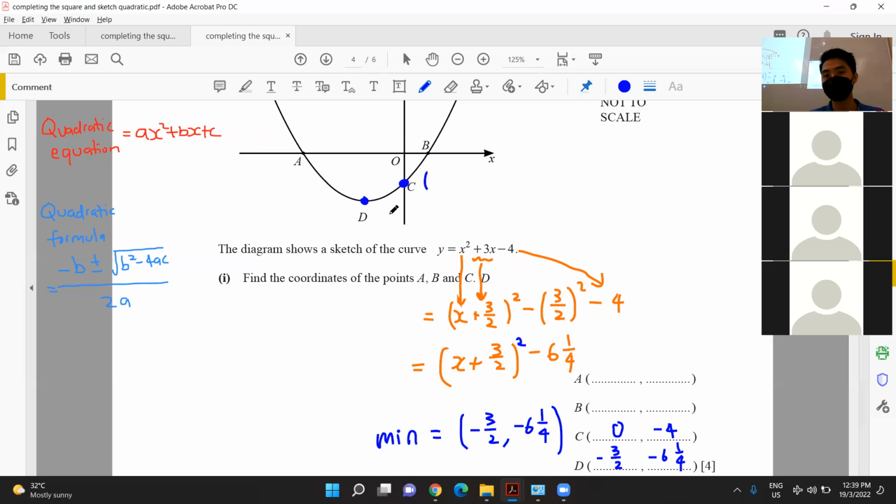You can either type it into the calculator or you can use the quadratic formula. Of course, typing it into the calculator. You would have gotten from here x equals 1 or x equals -4.